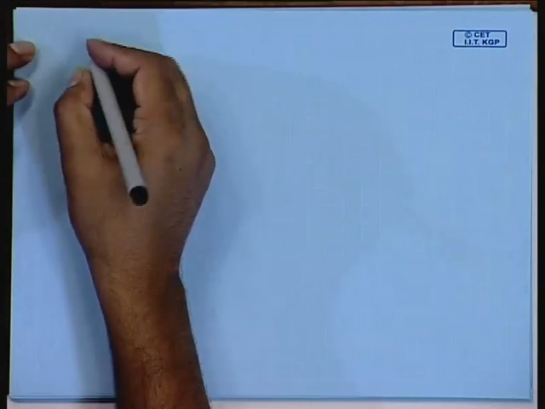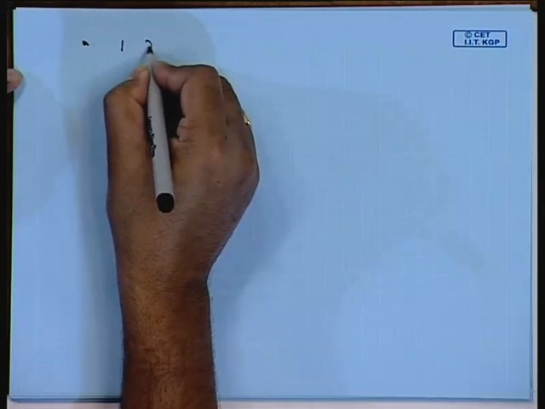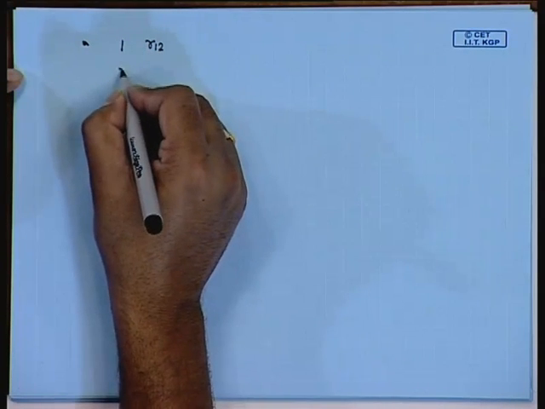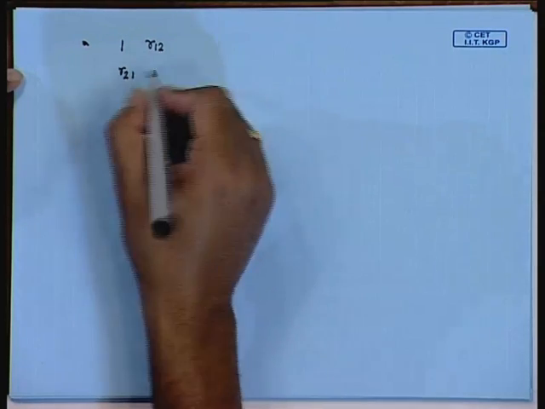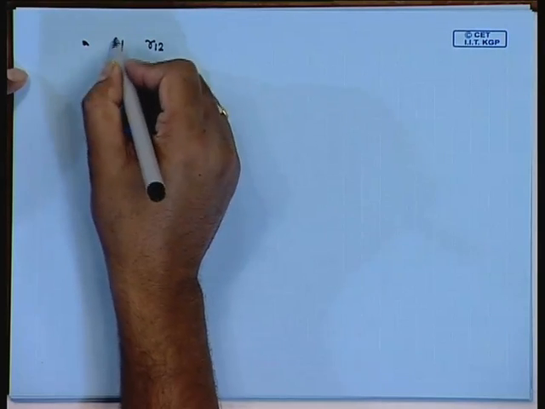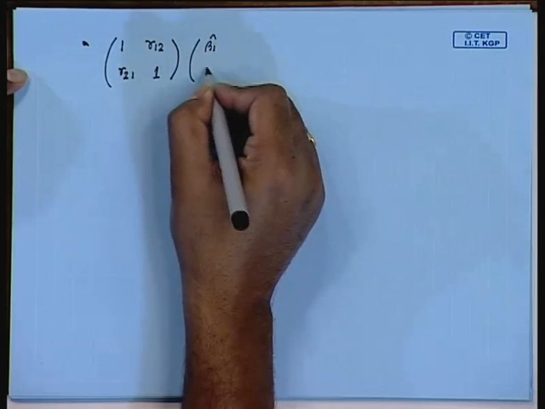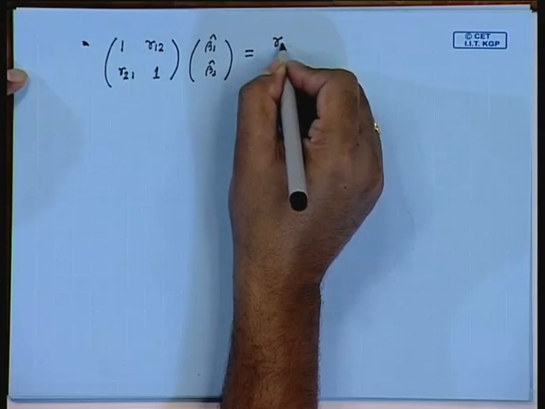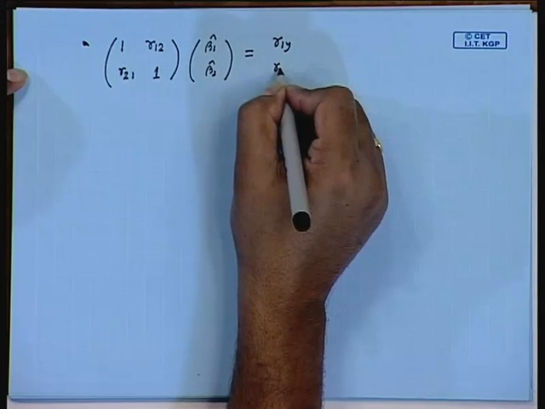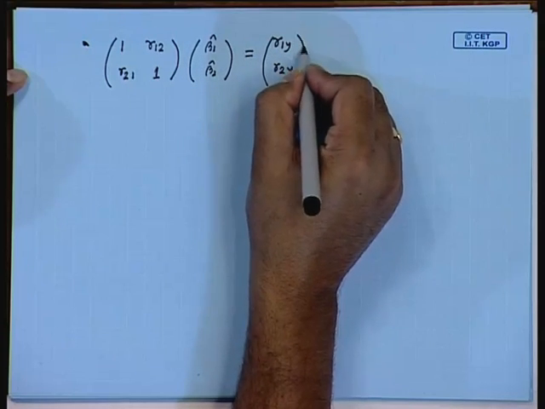So, the normal equation we have is 1, R12, R21, R12 and R21 are same, 1, times beta 1 hat, beta 2 hat is equal to R1y, R2y, right.